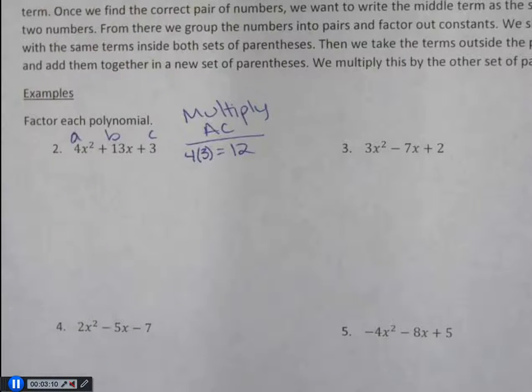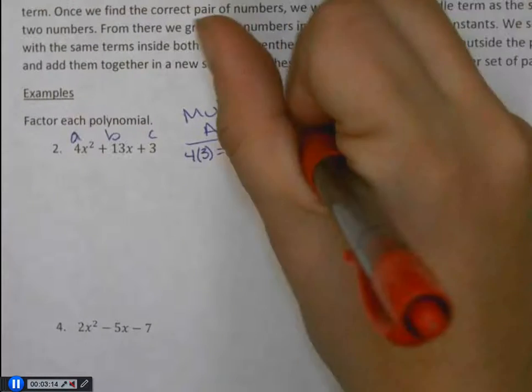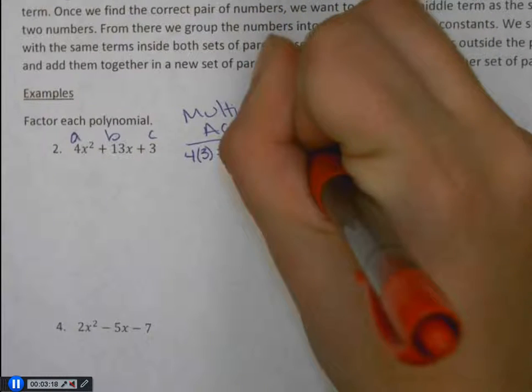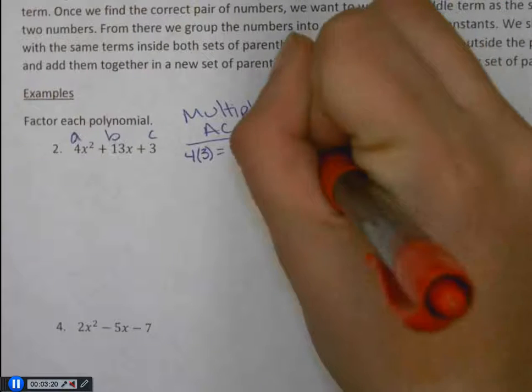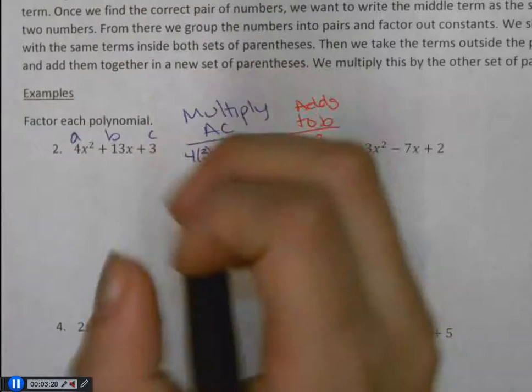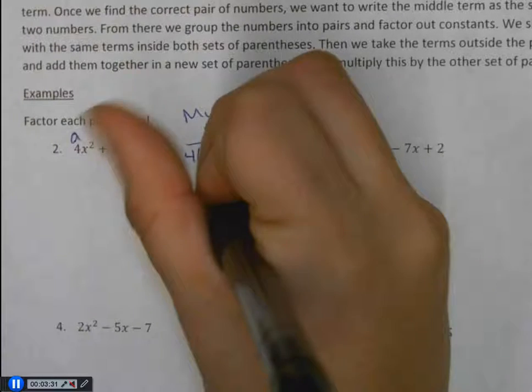Okay? So I want to see what multiplies to 12 and adds to my B value, which is 13. So what multiplies to 12 and adds to 13? 12 and 1.